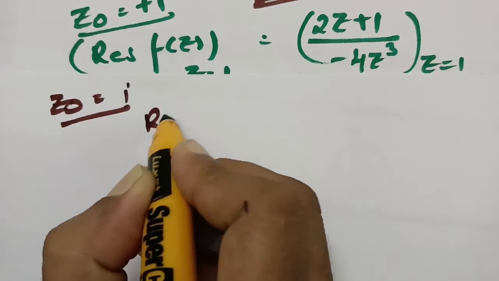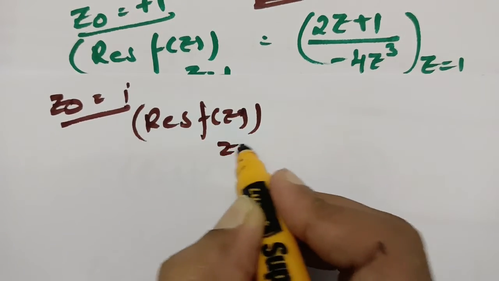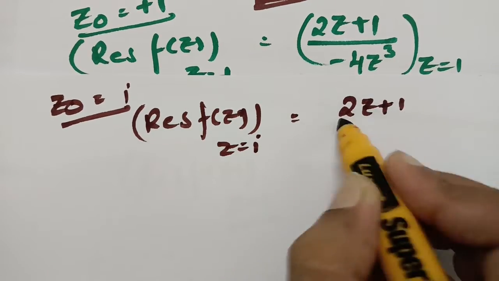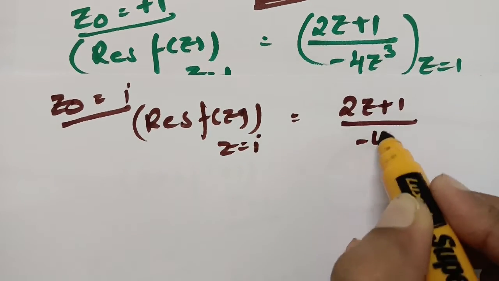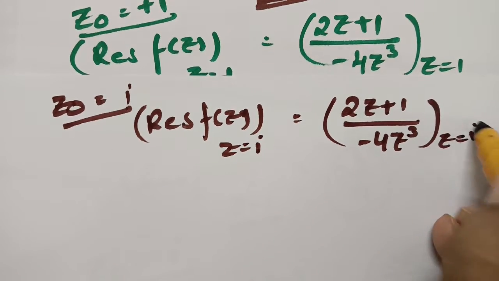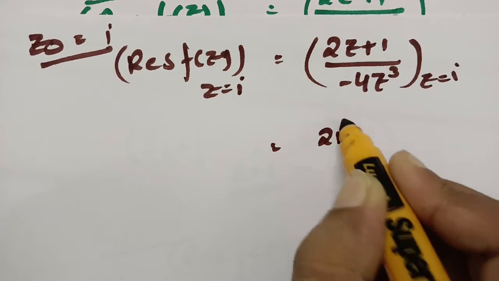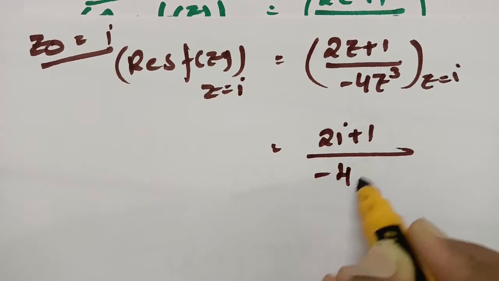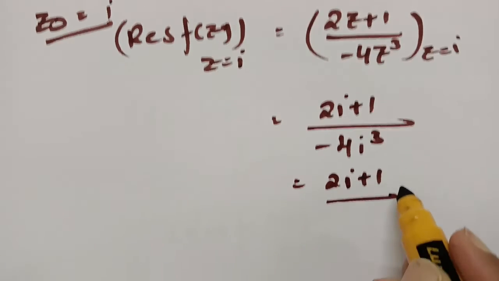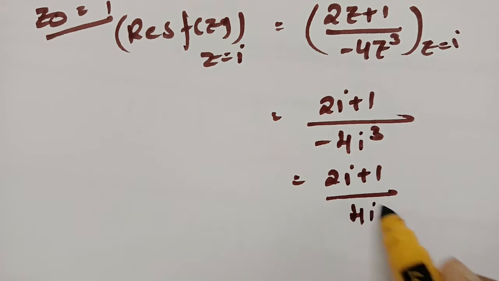So here our residue value of f of z at point z is equal to plus i is nothing but the numerator I am leaving as it is, that is 2z plus 1 by minus 4z cube at point z is equal to i. Now if I substitute here, this will be 2i plus 1 by minus 4 into i cube. So this will be 2i plus 1 by i square, this is minus of minus plus 1 into 4.